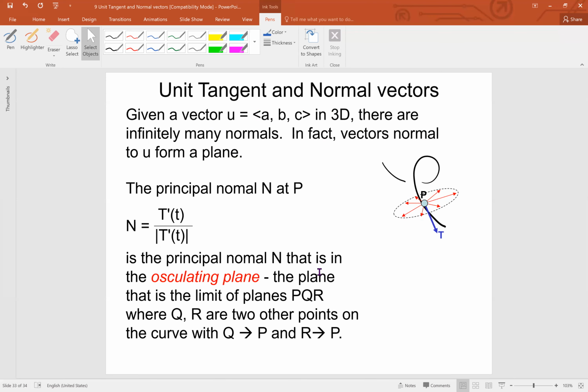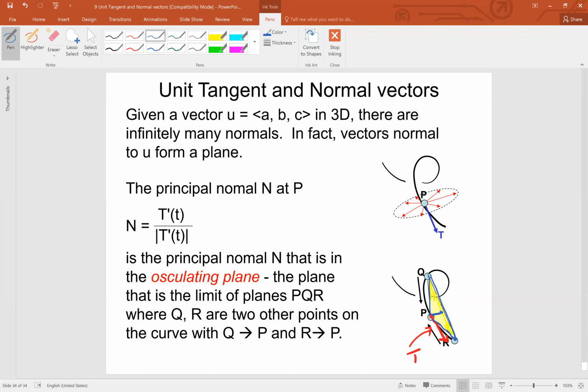The normal always exists in the so-called osculating plane. Here's a picture: here's a point P and here's a tangent, and I want to find where the unit normal perpendicular to T is going to be. I take a couple of points very close to point P, and then a plane cuts through the three points.